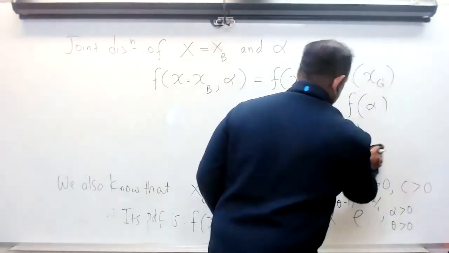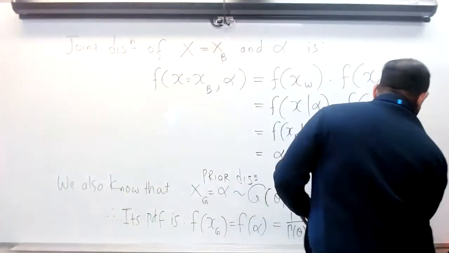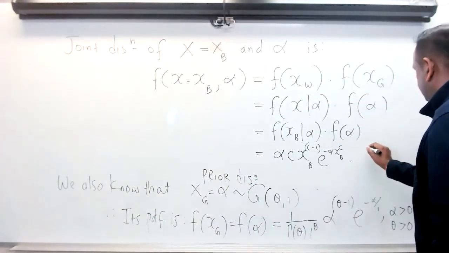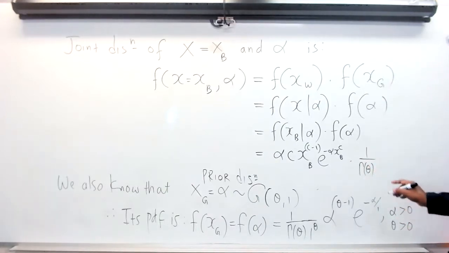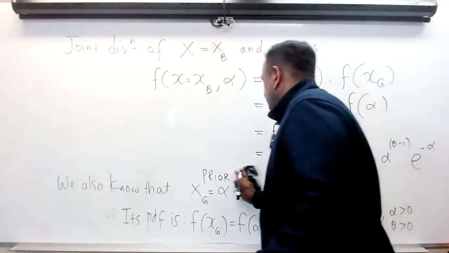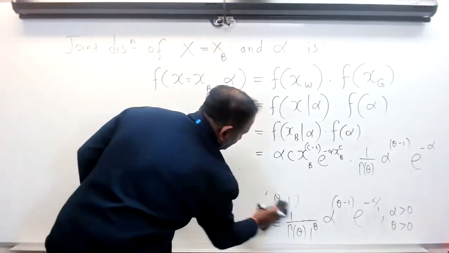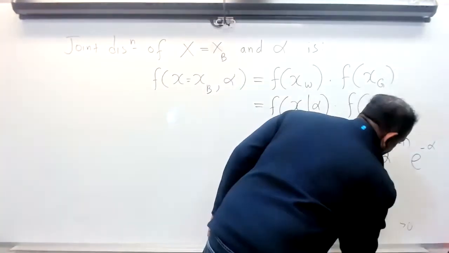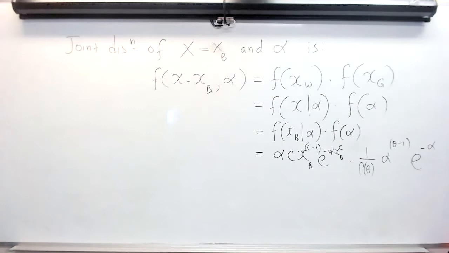See, that one should be multiplied by, here, 1 over gamma theta, alpha to the power of theta minus 1 e to the minus alpha. See, like that.